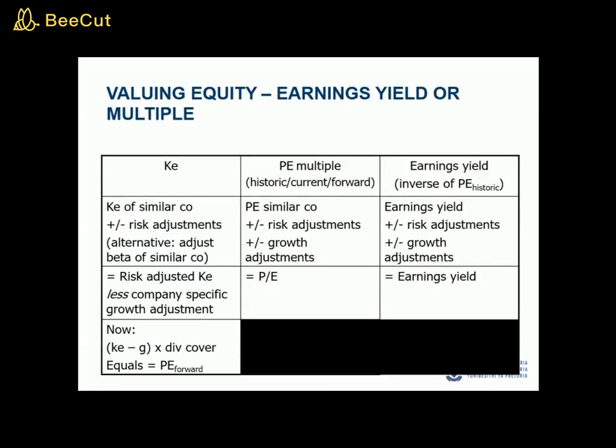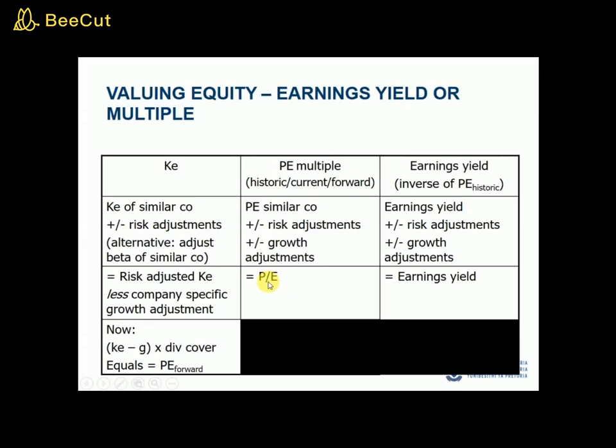Taking this new bit of information and applying it to my earnings approach, using either an earnings yield or an earnings multiple, I get to a situation where I can use my historic, current, or forward PE multiple and then adjust for my risk and growth factors to get to my PE multiple that represents that of the company.